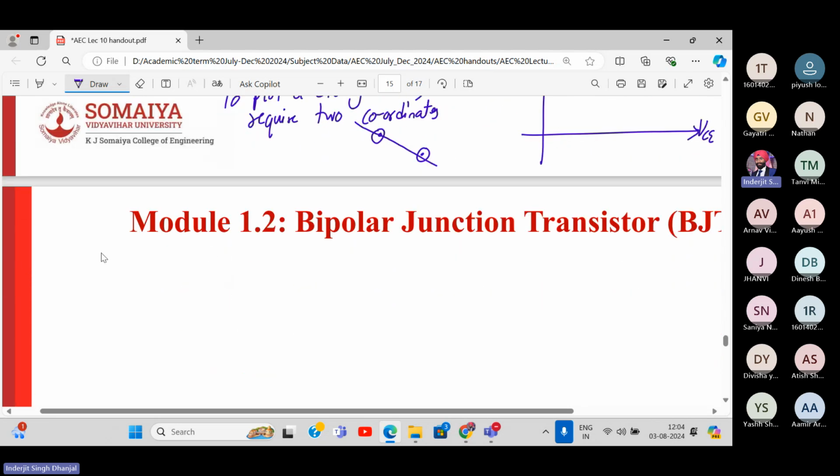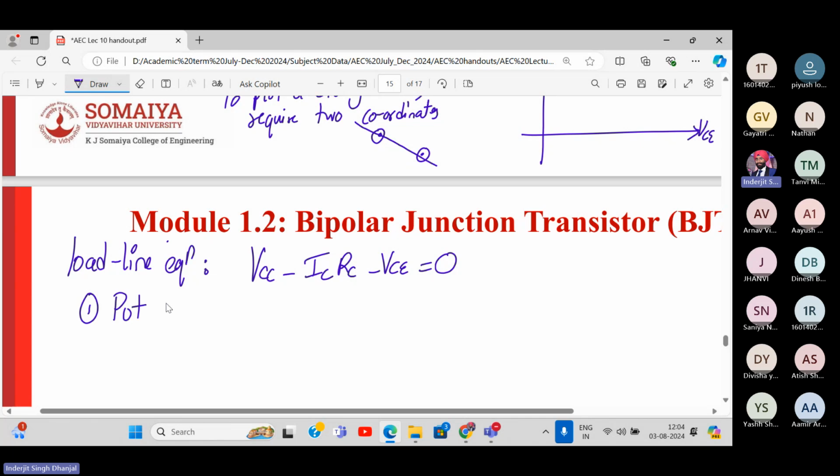So let me rewrite the load line equation. The output equation is given by VCC minus ICRC minus VCE is equal to 0. In the first case, I put IC equal to 0. If IC is equal to 0, what will be VCE? VCE will be equal to VCC.